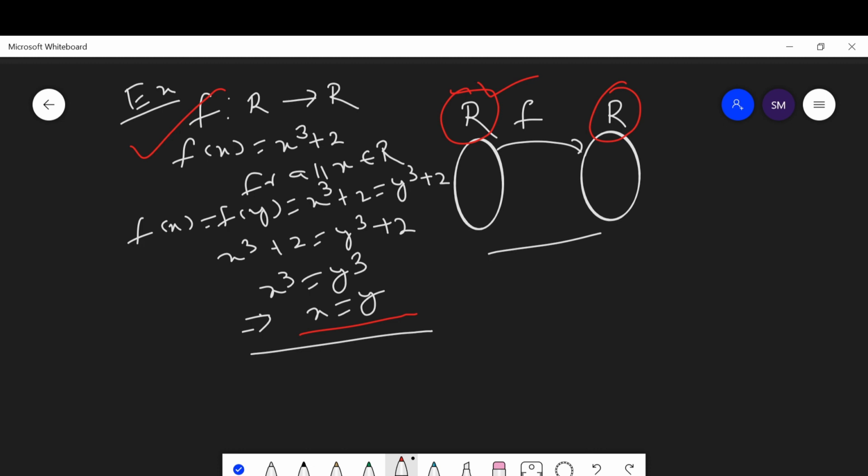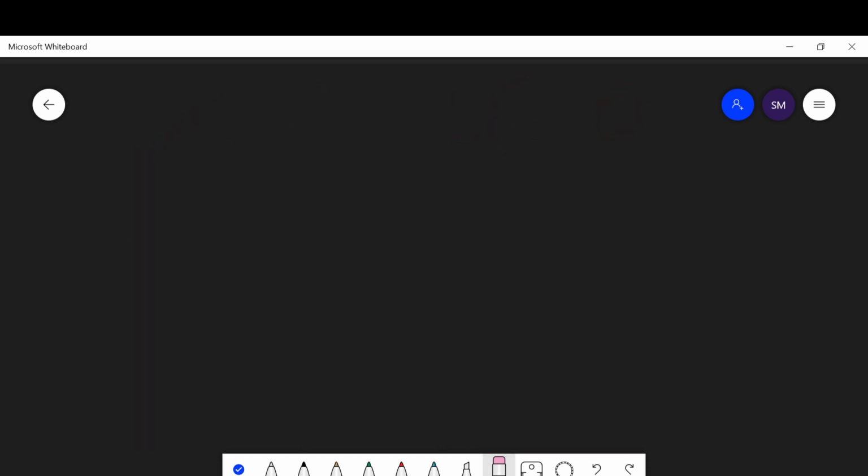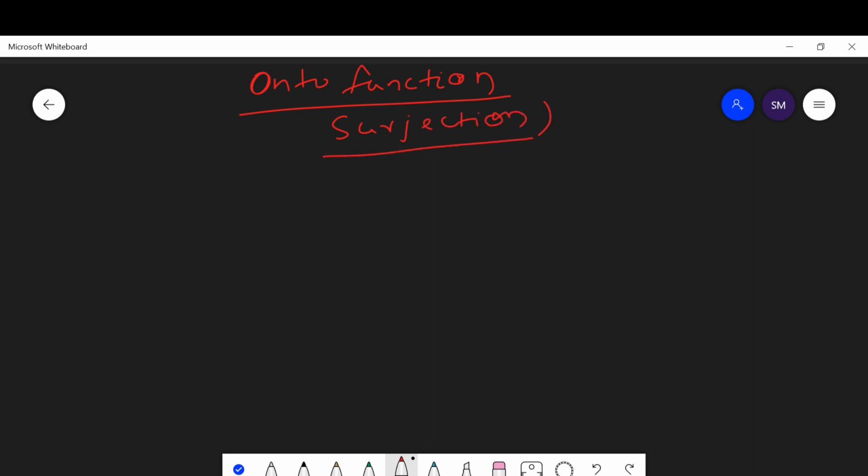Okay. Now let us discuss what is an onto function. Onto function is also called a surjection function.